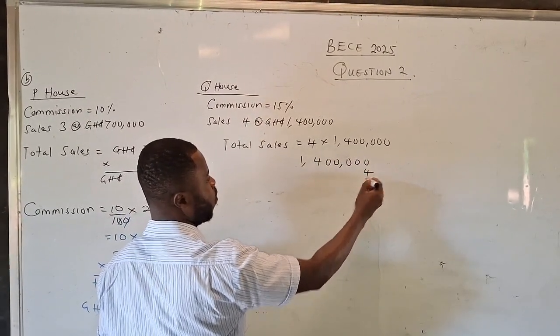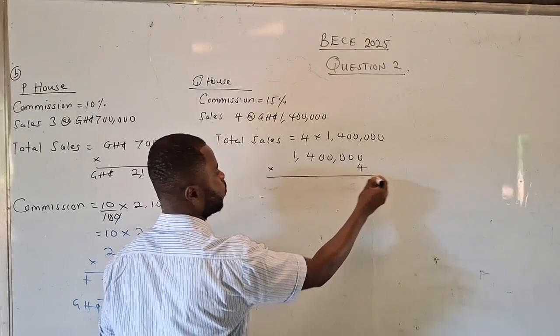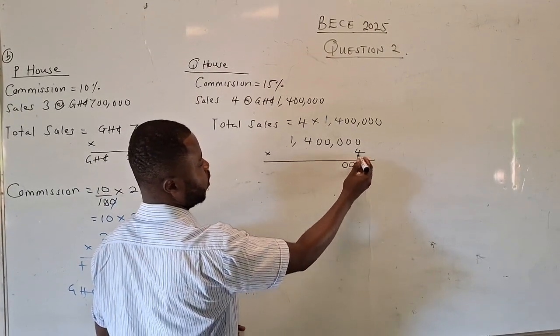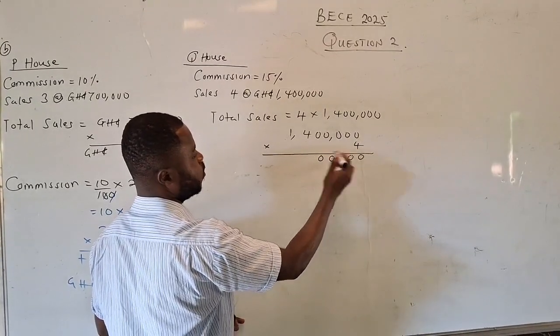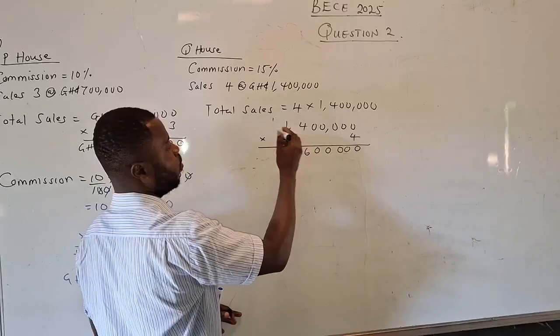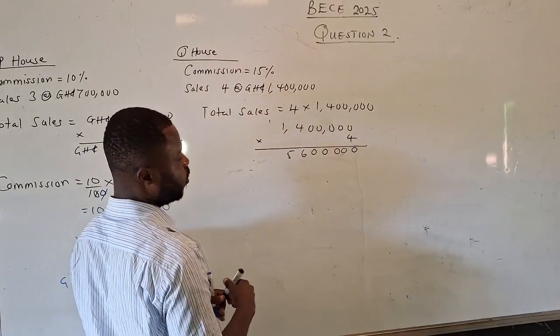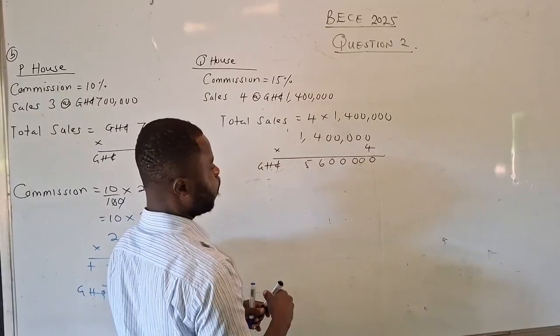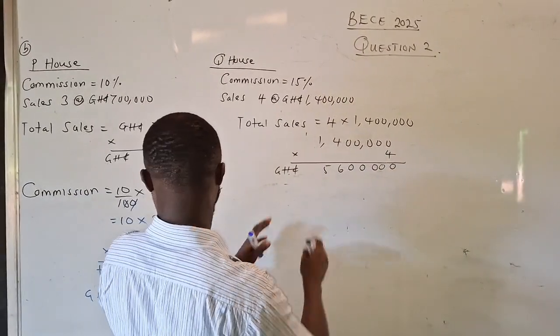So 4 times 0, 0, 4 times 0, 0, 4 times 0. This one will give us 0, 0, 4 times 4 is 16, 6 remainder 1, 4 times 1 is 4, plus 1, 5. So this is the total sales.